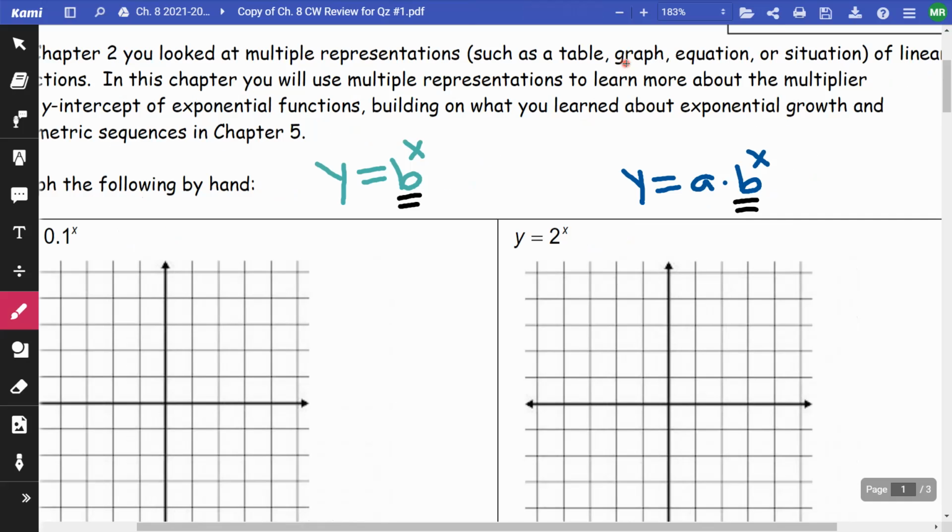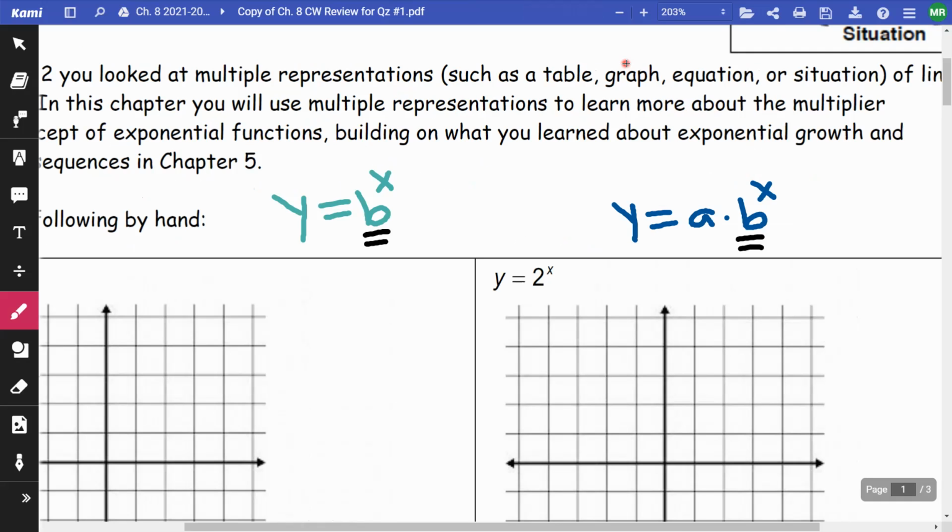Now, for all of the ones that are b raised to the power x, if I was to put 0 in, which would be to find my y-intercept, I would get b to the 0, which is 1. So all of our y-intercepts, when I have a base to a power only, is going to be 1.